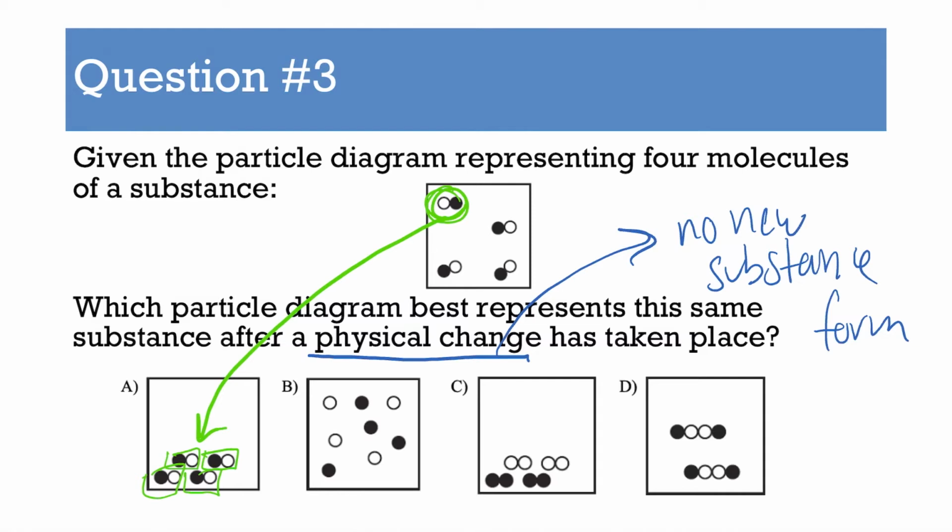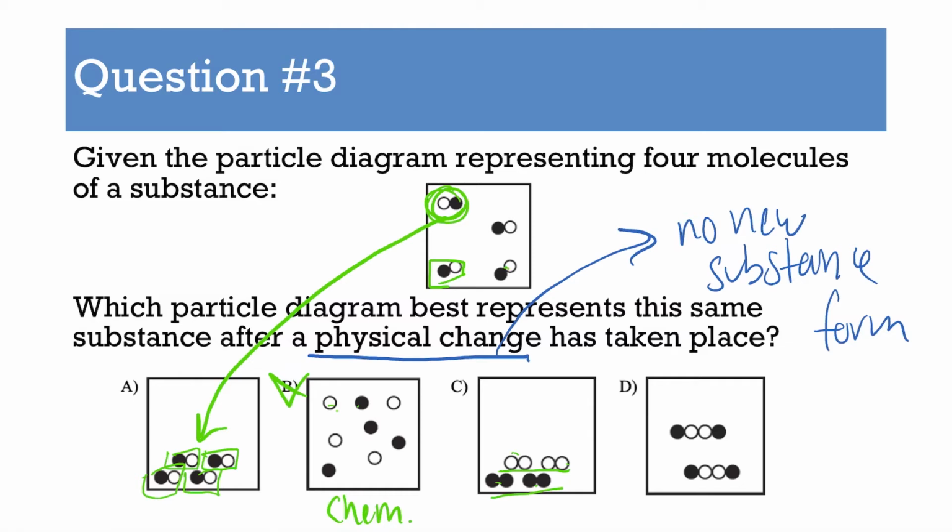With B, now the things have completely come apart. So a black and white compound connected is different from when they are disconnected. So this is a chemical change. With C, we still have 4 molecules, but we have all white ones and we have all black ones.